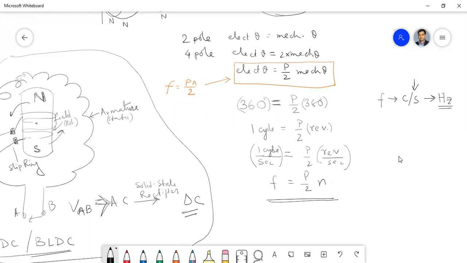One complete cycle in electrical is 360 degrees, and one complete revolution in mechanical is 360 degrees. Then I divide both sides by the second, and we get 1 cycle per second equals P/2 into 1 revolution per second. That is n. Now it is clear.